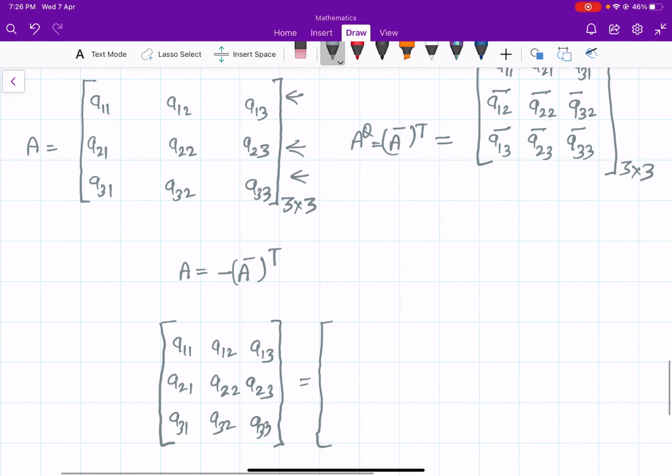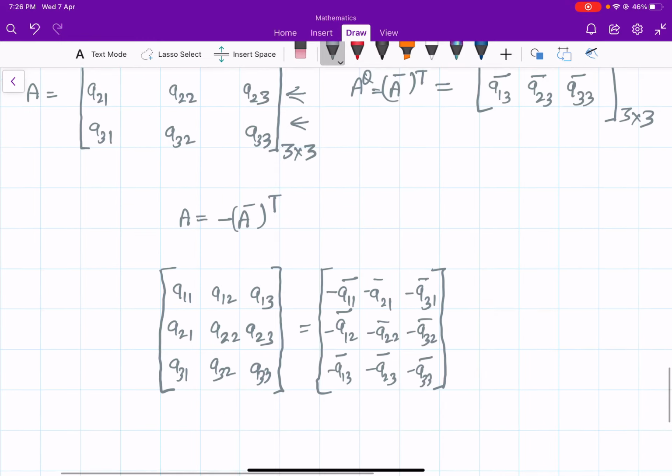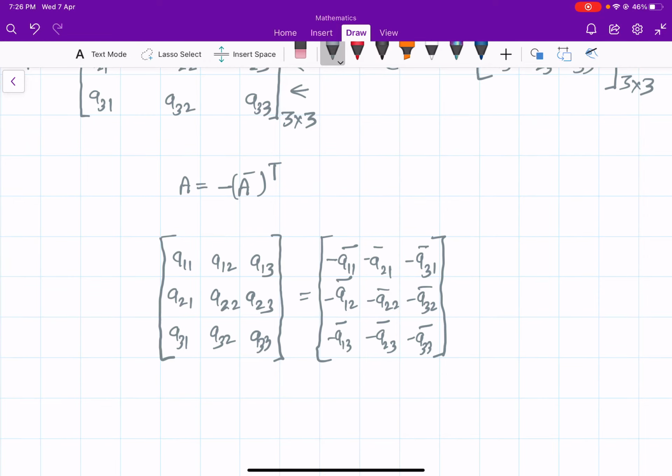So this will be minus of A11 bar, minus of A12 bar, minus of A13 bar. The next is minus of A21 bar, minus of A22 bar, and minus of A23 bar. The next row will be minus of A31 bar, minus of A32 bar, and minus of A33 bar. So these two matrices will be equal.